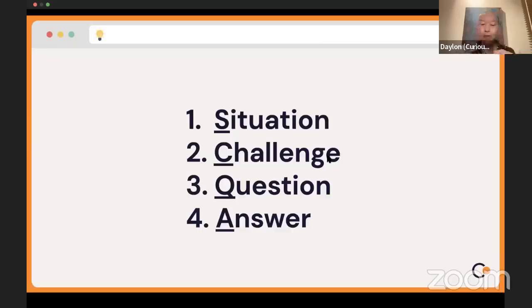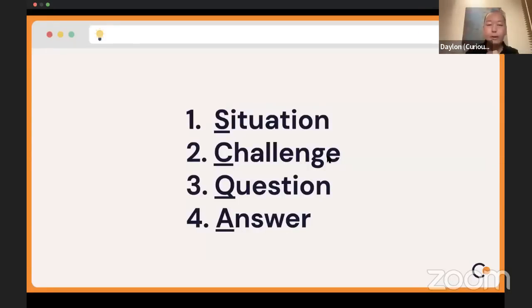So that's why this is a very classic framework, because even Hollywood uses it, and therefore I share it with most of my students to adopt and use to structure their portfolio.